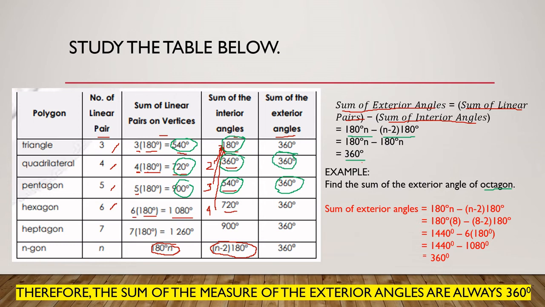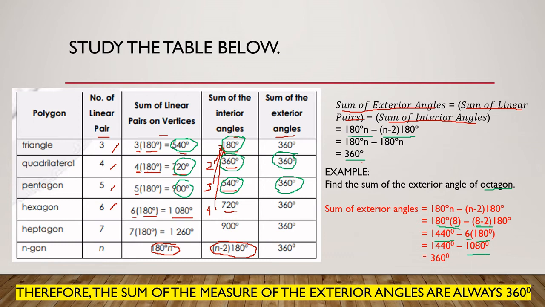So, using the formula, 180 times n minus the quantity of n minus 2 times 180, you just replace n with 8. So, that is 180 degrees times 8 minus the quantity of 8 minus 2 times 180 degrees. Then, simplify. 180 times 8 is equal to 1,440, minus 8 minus 2 is 6, times 180. Then, 6 times 180 equals 1,080.